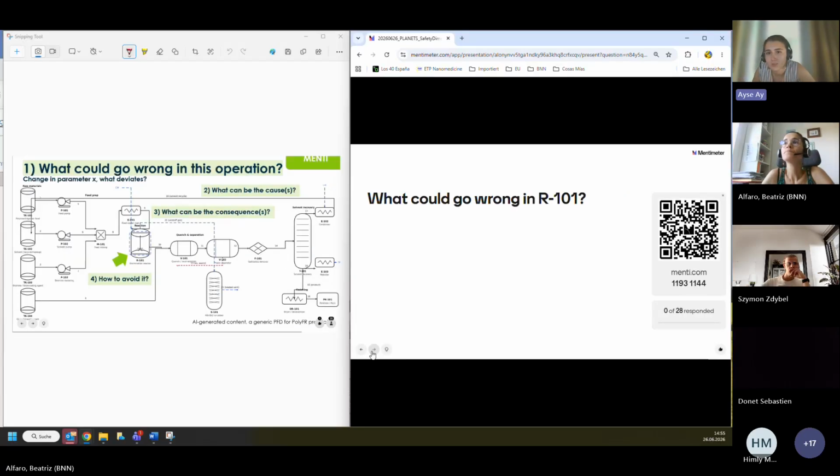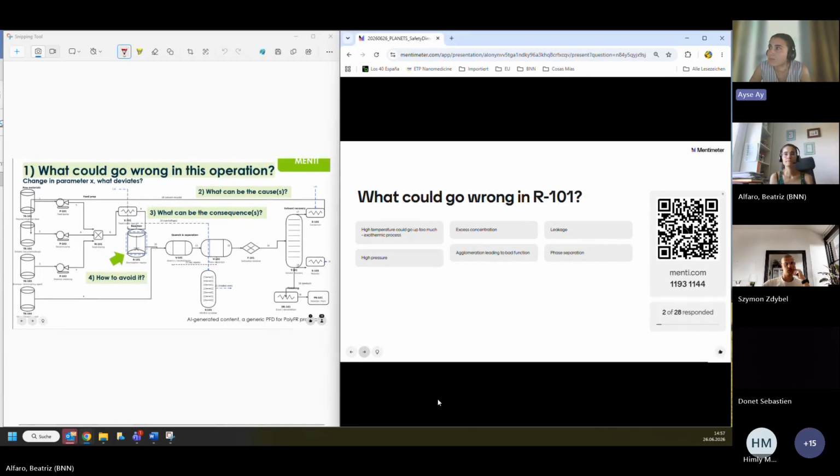We will only consider the reactor. We will only focus on one single node, because in HAZOP, we are studying and assessing one single node. In another HAZOP, we could also select one pipe or another valve, but this is only related to the reactor now.